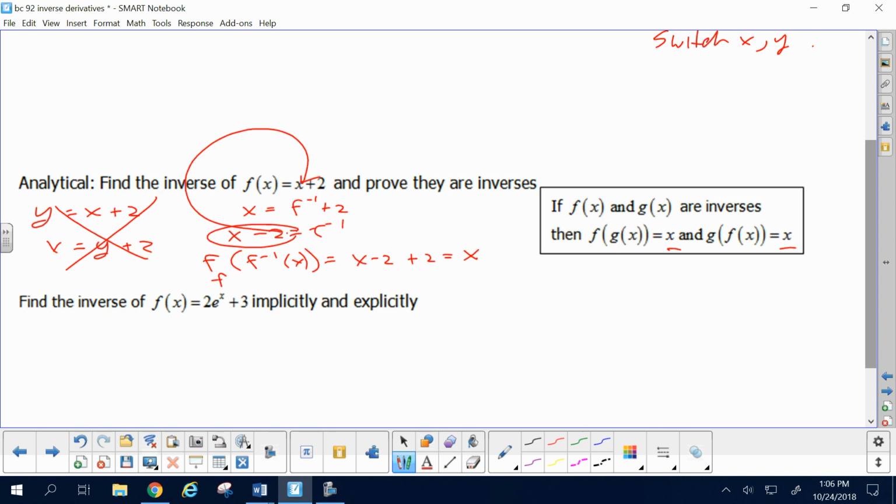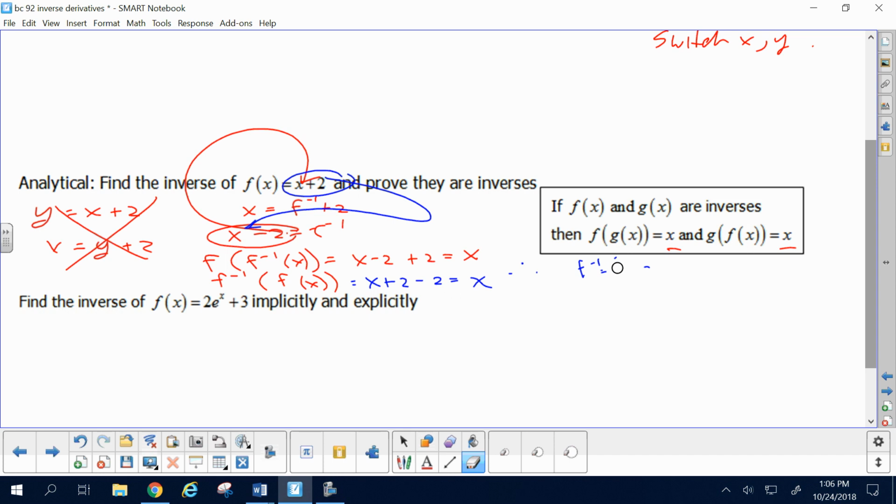And if I put f into f inverse, then that would be x plus 2 minus 2, which is x. From that, we could conclude that f inverse of x equals x minus 2 is indeed the inverse. Not everything has an inverse, by the way. We'll talk more about that later. But that's good for now.